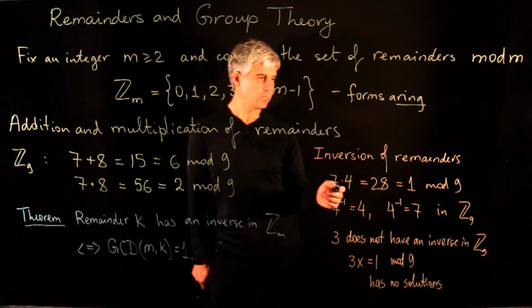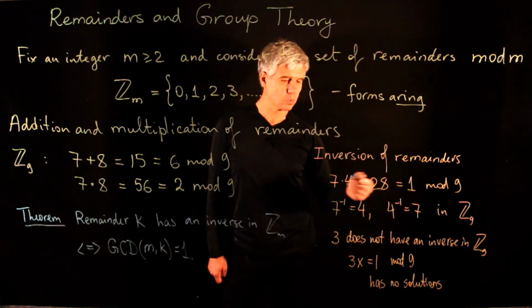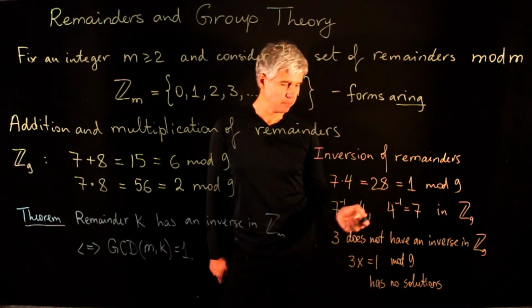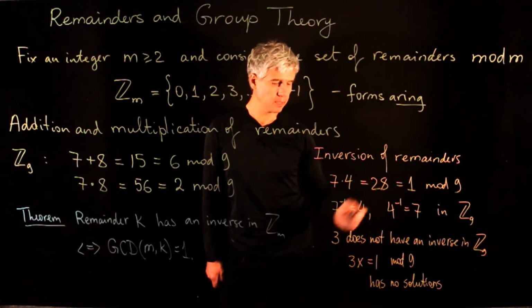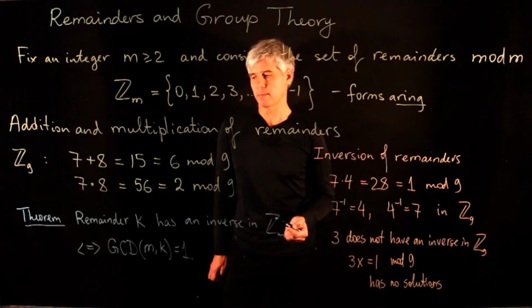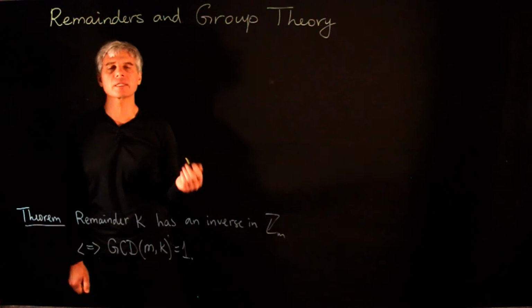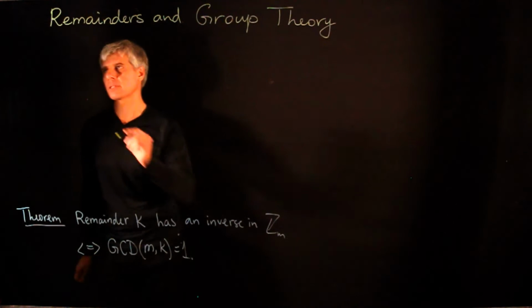For example, the greatest common divisor of 9 and 7 is 1, and so 7 is invertible. But the greatest common divisor of 9 and 3 is not equal to 1, and 3 is not invertible in Z9.